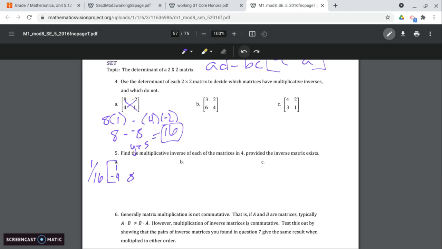So 4 becomes negative 4, negative 2 becomes positive 2. Now we actually multiply the 1/16 here. So we end up with 1/16 and negative 1/4, and then 1/8, and then 1/2. So that is the inverse matrix of the original matrix we had.